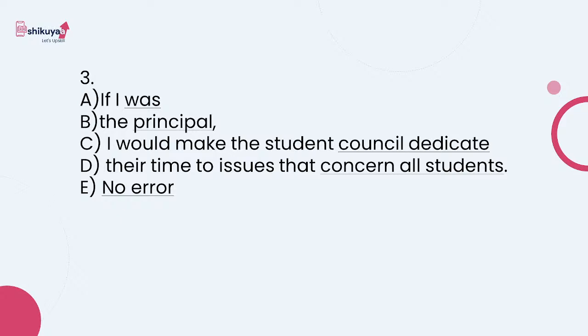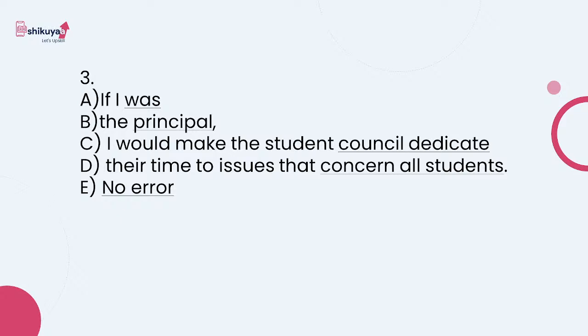Okay, so in part A, the underlined word is was. In part B, the underlined word is principal. In part C, council dedicate, this part is underlined. And in part D, concern all students, this part is underlined. Students, let's identify where the error is and which word we should change.